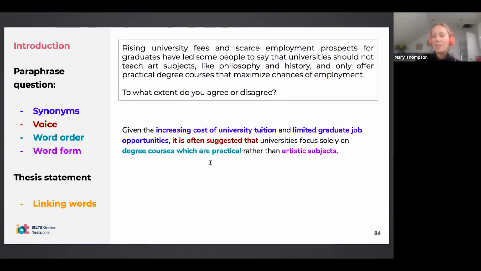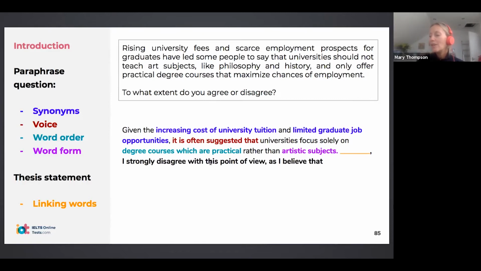Okay, so now we need to make the thesis statement. Right, so in the thesis statement, you're giving your opinion using a phrase such as this. So I strongly disagree with this point of view, as I believe that. Okay, so in here, yeah, I was just going to say we need a concession word. So a few of you have come up with it.